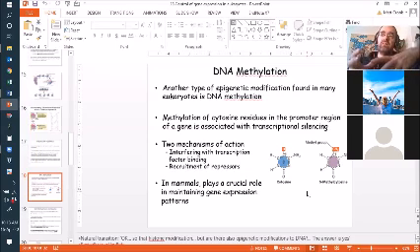Also, that change in shape is recognized by repressor proteins, similar to if you think about LacI, the lactose repressor. They'll physically bind to that promoter and stop other proteins like transcription factors from binding. So it's a pretty effective way of shutting down the expression of a gene.